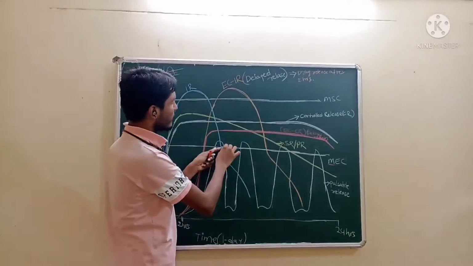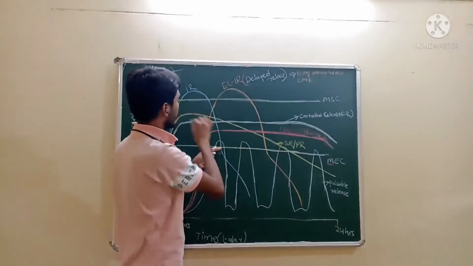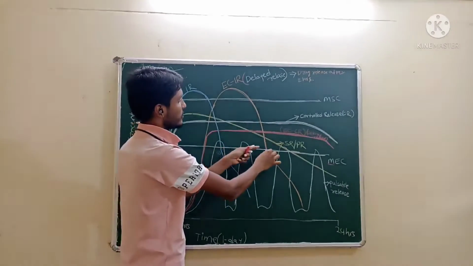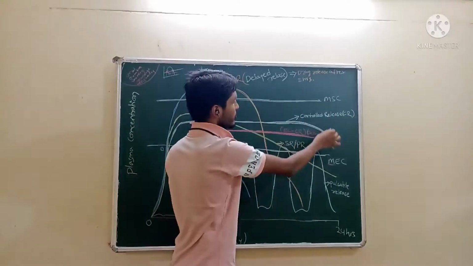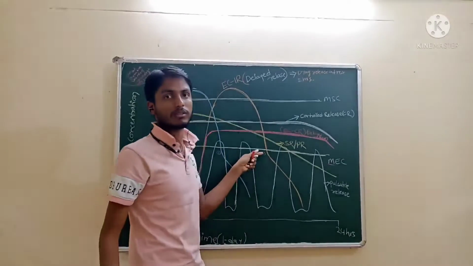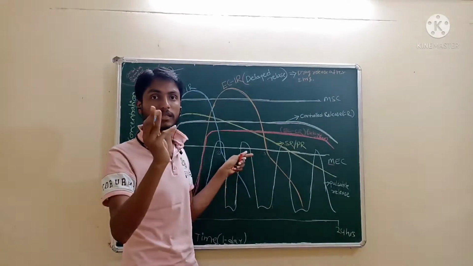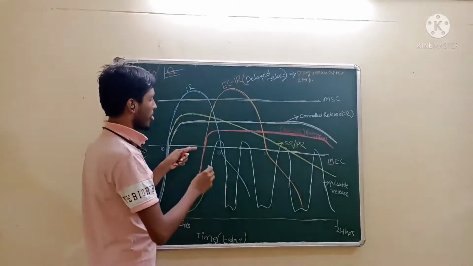Then the concentration of drug will rise like this, and again it will come down here. Again I need to take a third tablet, to complete 24 hours. For 24 hours, how many tablets do I need to take? Three times: morning, afternoon and evening.